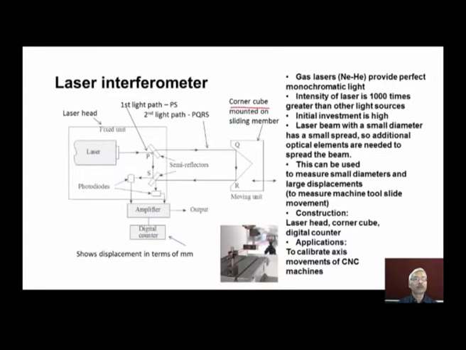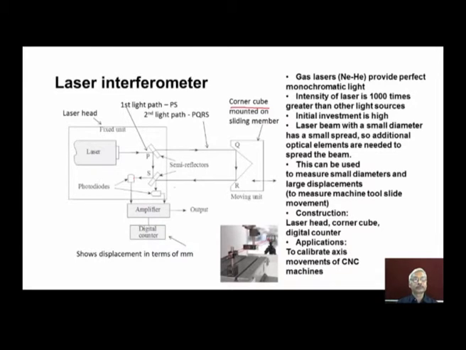Part of the light falling here will be transmitted, and it moves in this direction. It gets deflected by 180 degree, and then it falls on the semi-reflector. Part of it is deflected, and it falls on the second photodiode, and part of the reflected light will pass through the semi-reflector, and it gets combined here.